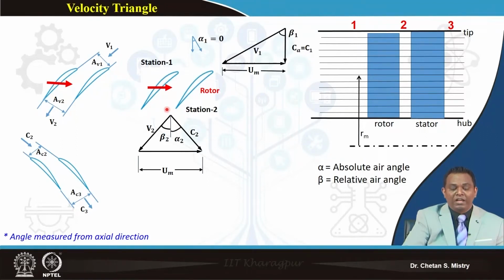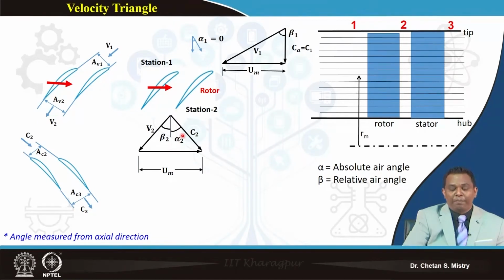As we discussed for the relative velocity component, I am representing this as beta 2. It is nothing but my blade outlet angle, or relative blade angle at the outlet. This represents my absolute angle at the exit.